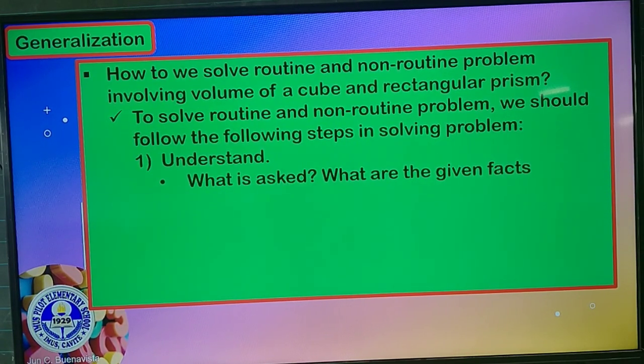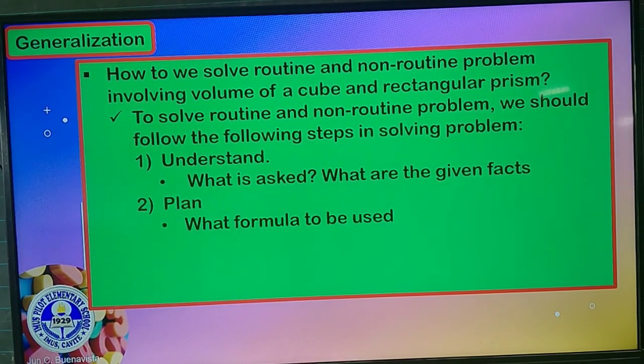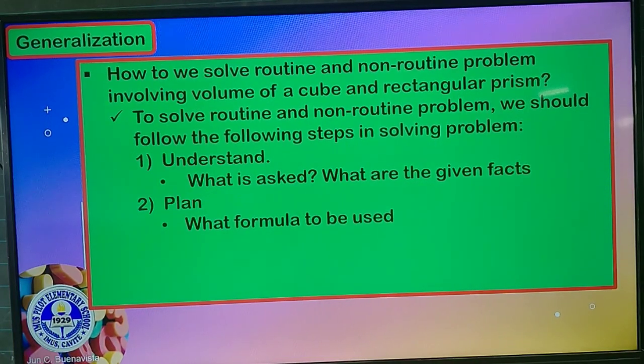Then after that, you're going to plan. Under the plan, you are going to know the formula to be used. Then after that, you're going to solve. So by solving, using the formula, you're going to be observant in solving your problem.